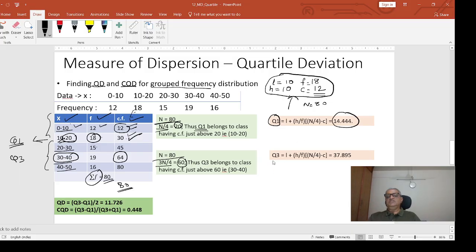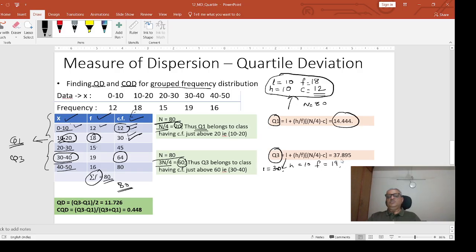Similarly for Q3, find out what L is. For Q3, this is the class, so my L is equal to 30, the lower limit of the 30 to 40 class. My H is 10. My frequency for this class is 19.